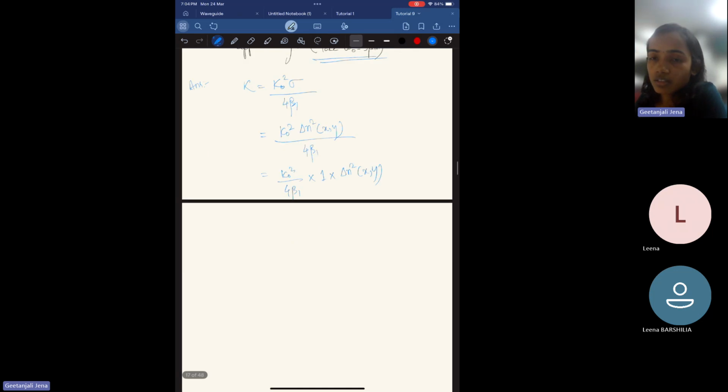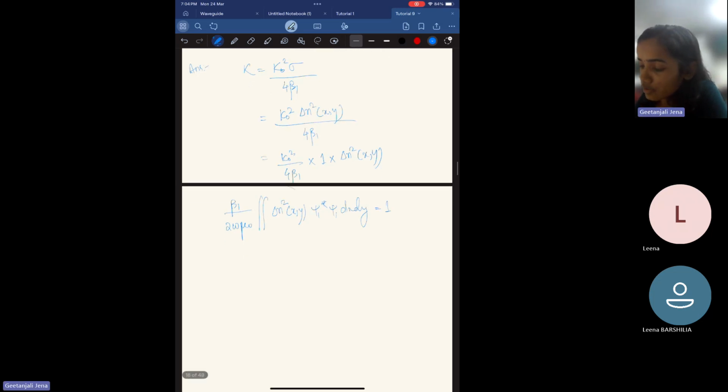And for a slowly varying approximation, we can use 1 as beta 1 by 2 omega mu 0 times the integration of delta n squared xy psi 1 star psi 1 dx dy. So this is 1 for a slowly varying approximation.